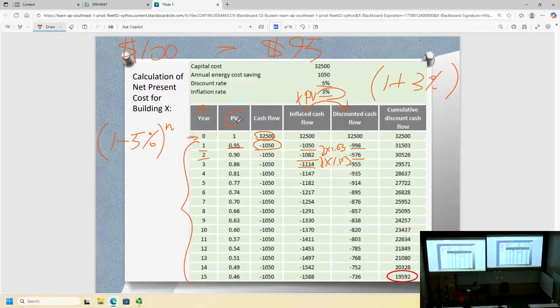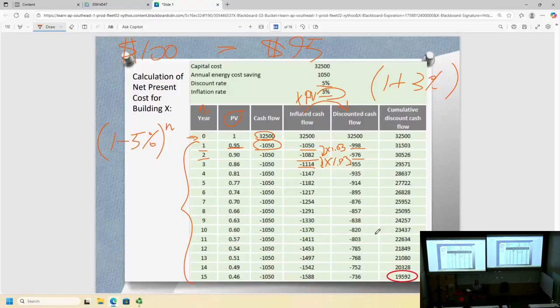So by multiplying the PV here, we can convert the inflated cash flow into the discounted cash flow. So we can convert all these future money into present money. All these are future saving, and we convert the future saving into today's saving, into today's money.